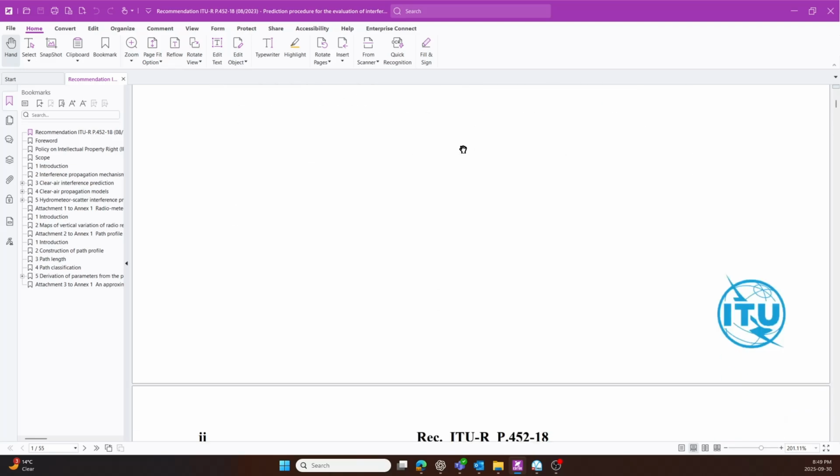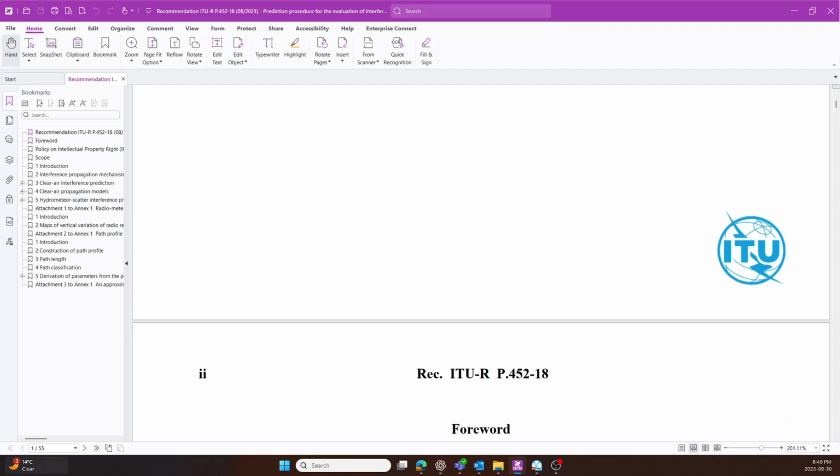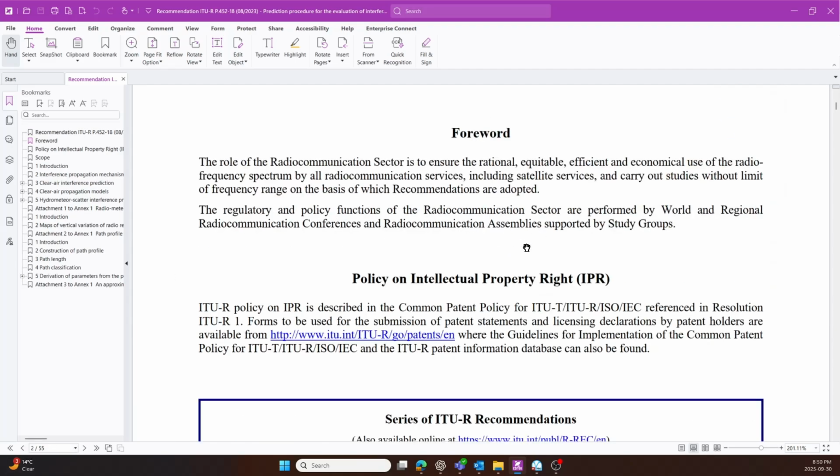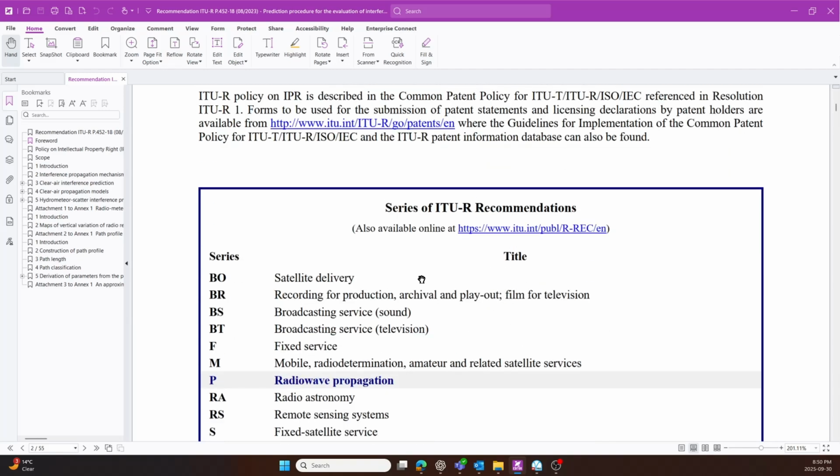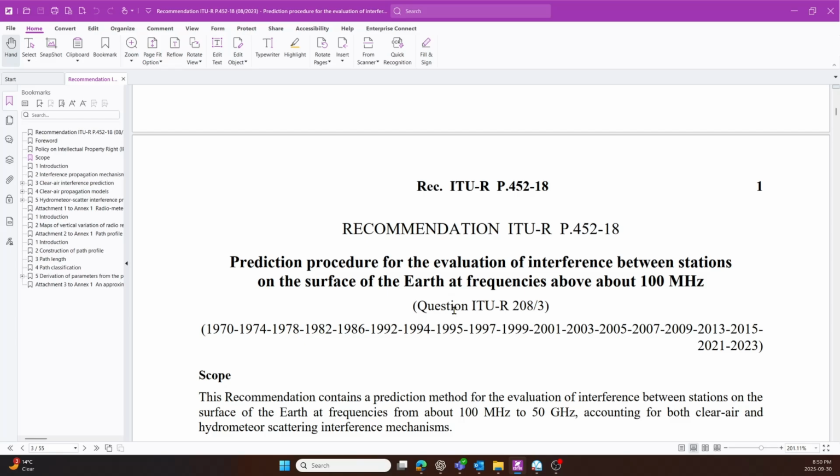This is a pretty complex recommendation, it's like 55 pages, and it's very complex. The good thing is, if you're using some kind of commercial software in your work, you don't really need to know the details of this recommendation.